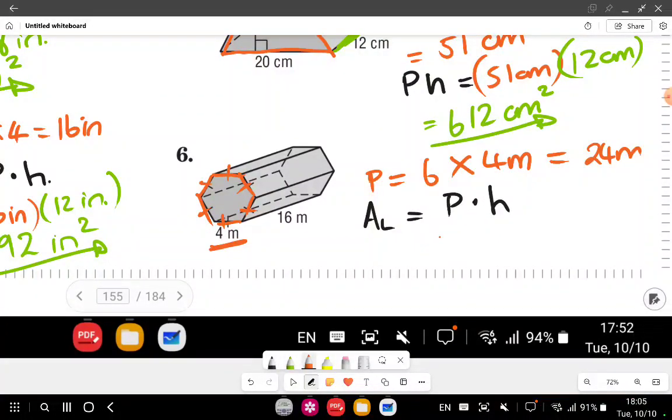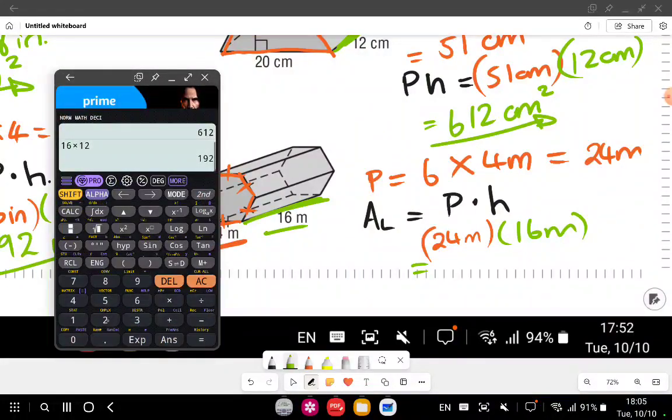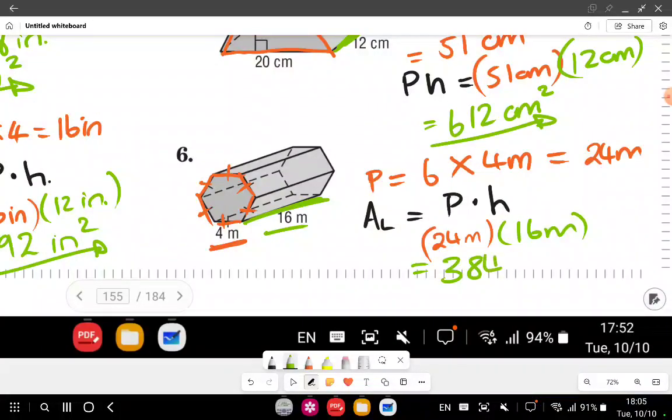So I'm going to say 24 meters multiplied by 16 meters, which is this height here. And that gives me a total of, calculator, 24 times 16, 384 meters squared. And that's how you do your homework.